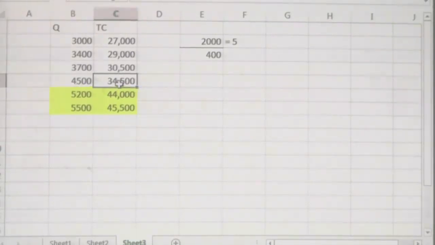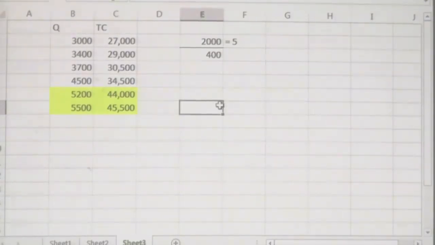Therefore, difference between 34,500 and 44,000, the difference not only the variable cost, that difference reflect the step cost also in between these two. Therefore, when you receive information for high-low method, don't take two quantity level before the step cost and after the step cost to find out the variable cost.